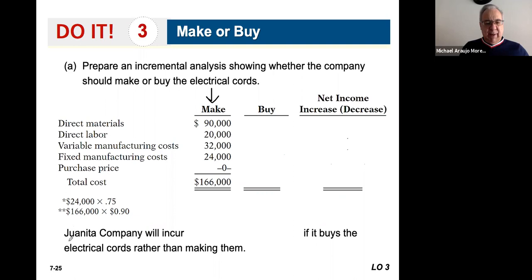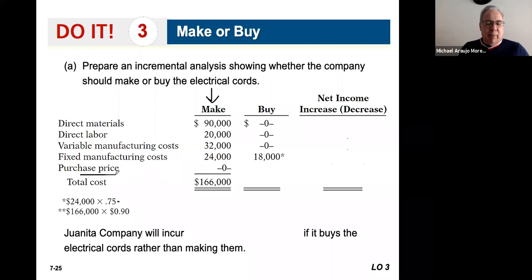What if they decided to buy the cords? Well, they wouldn't have any materials or labor. Variable costs would be zero, but their fixed costs would only be reduced by 25%. So they would still need to pay 75% of those fixed costs.